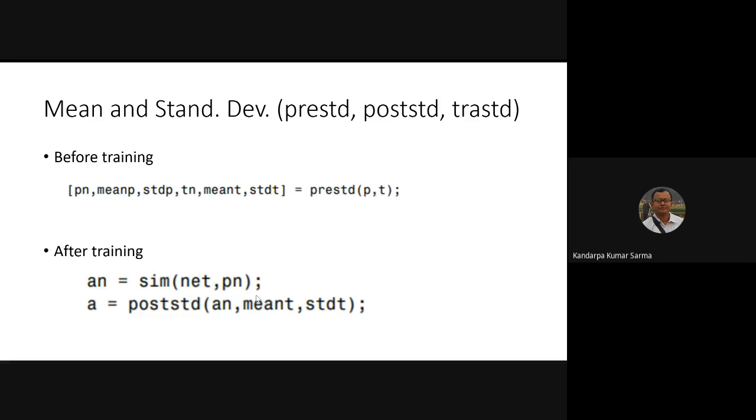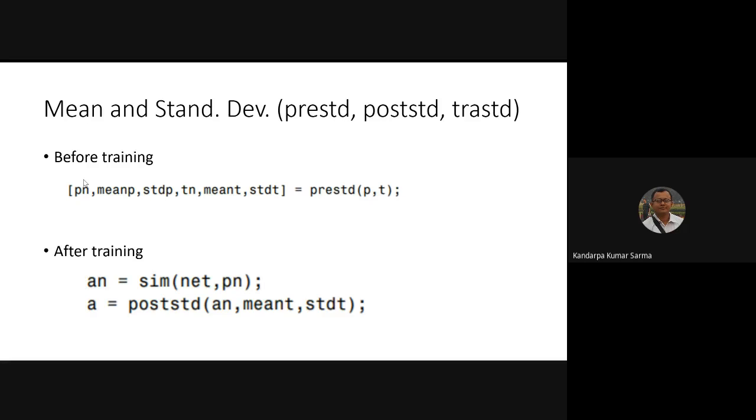So sometimes people use mean and standard deviation as part of the features. Therefore, this function pre STD, with pattern and target, P and T, can be used to generate mean and standard deviation values.